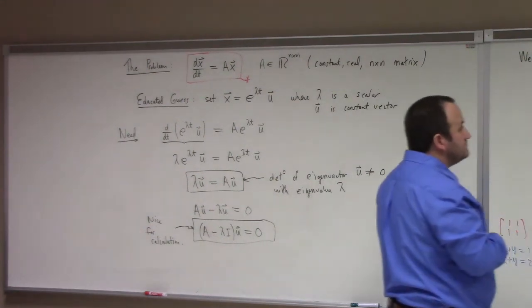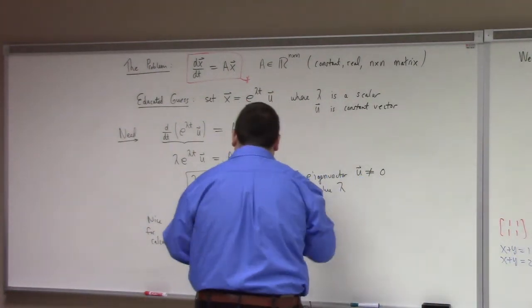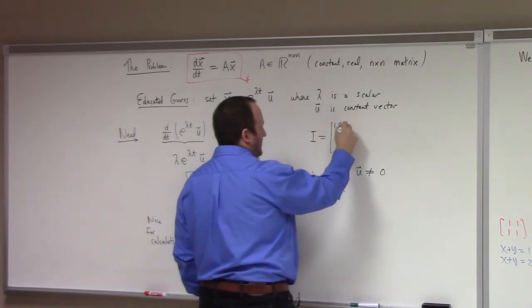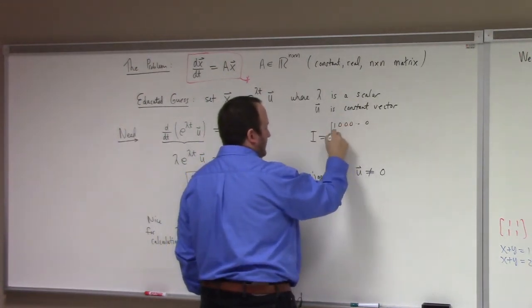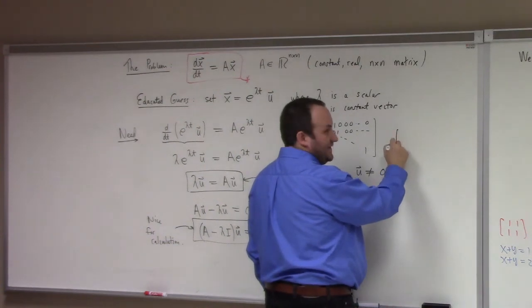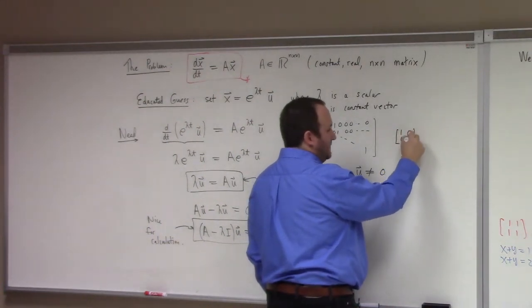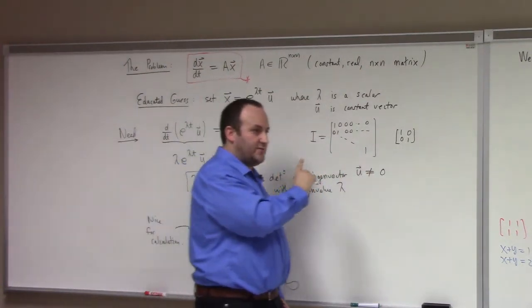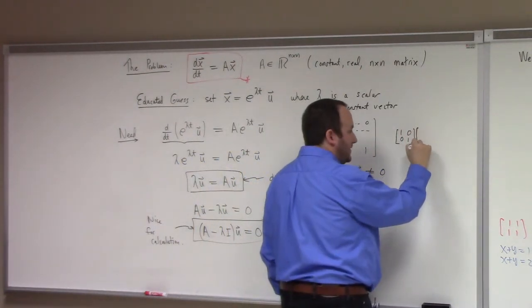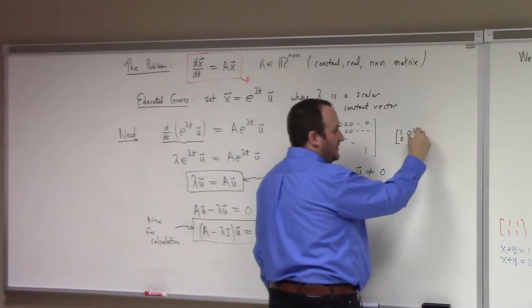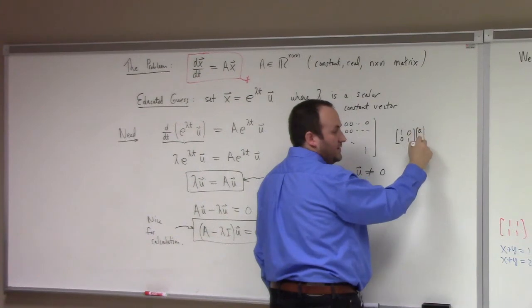Where did the I come from? Oh, I is the identity matrix. I'm sorry, guys. So I is 1, 0, 0, 0, 0, 1. It's got ones down the diagonal. For example, in the 2 by 2 case, this I is just 1, 0, 0, 1. So let's look at the 2 by 2 case just for a second for those of you who have not seen these things before. If I take the matrix 1, 0, 0, 1 and multiply it by, like, a, b, what do I get?